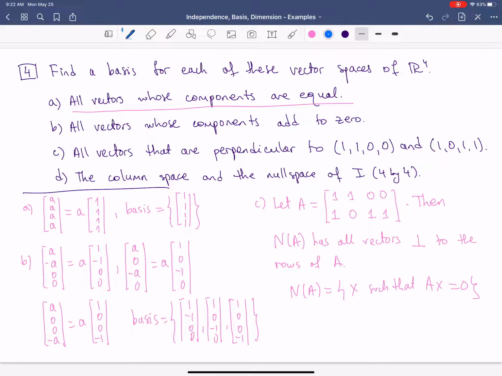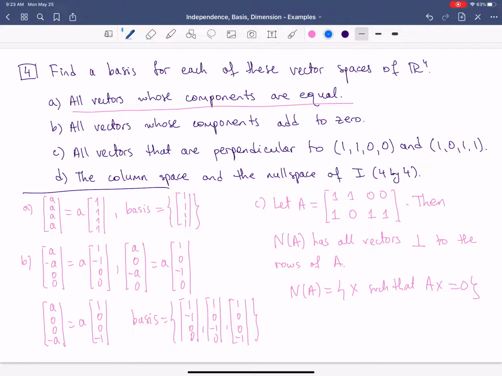Now, what about part D? We're looking for a basis for the column space of the identity matrix. Well, the identity matrix is an invertible matrix. Therefore, all of its columns are linearly independent. Now remember, we can always take the columns of a matrix to look for a basis for the column space.